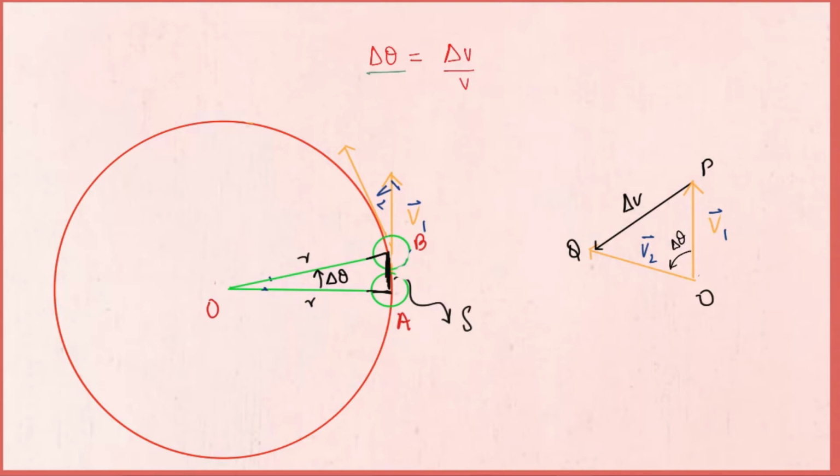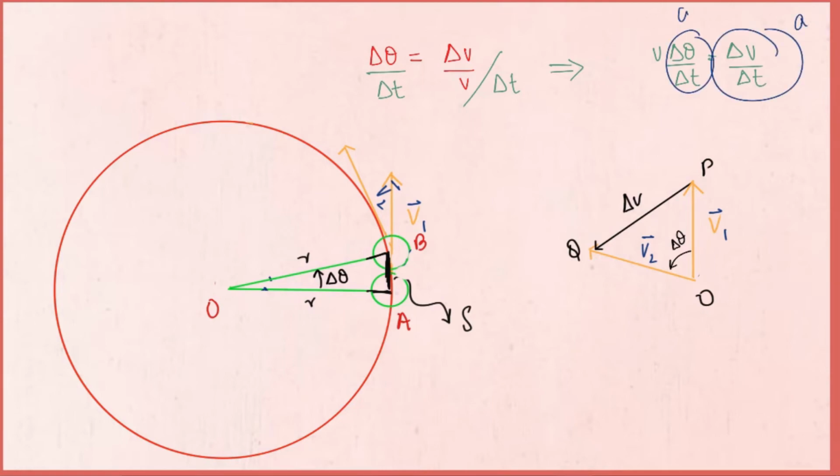Let's divide both sides by delta t. So we get delta theta over delta t equals delta v over speed times delta t. If we arrange this equation, we get that velocity into delta theta over delta t equals delta v over delta t. The rate of change of velocity is acceleration and the rate of change of angular displacement is angular velocity. So this equation can be written as velocity into omega equals acceleration.